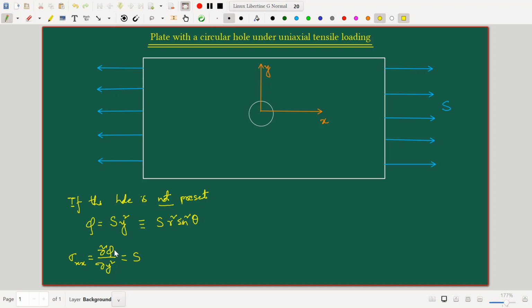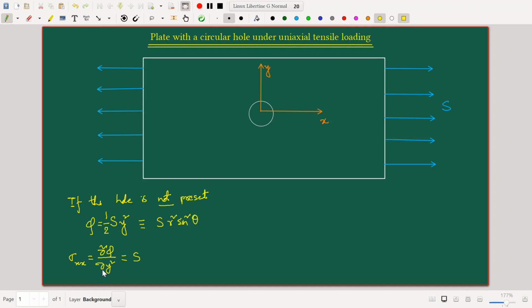In order to get this adjusted, I must put a half here, because after the first differentiation of phi with respect to y, I'll get this twice out, so that must cancel with this half, and when I do the second differentiation, I'll ultimately obtain s. So sigma xx is actually s. All that is fine, and let us not forget that we are imagining this under a situation where the hole is not present, so we have to ultimately bring back the hole, but that is for later.